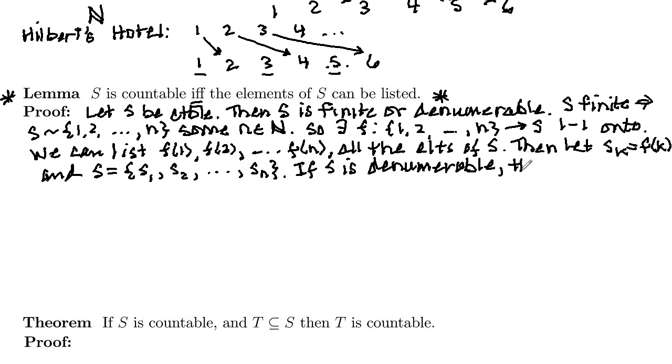So S is equinumerous with the natural numbers, and that means that there exists a function f from the natural numbers onto that set S. It's one-to-one and onto.